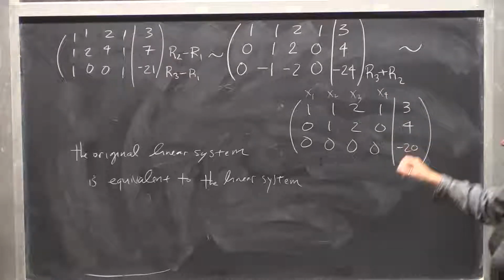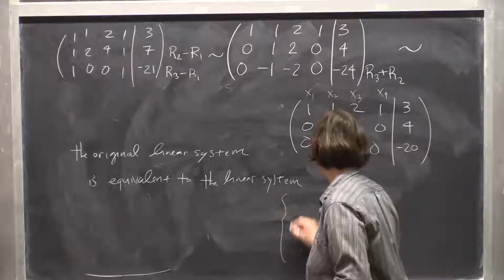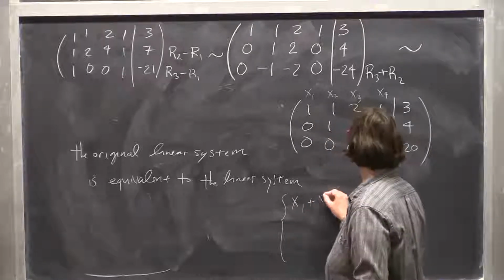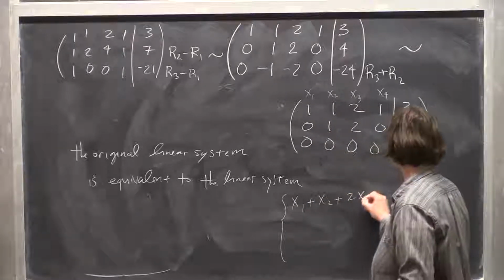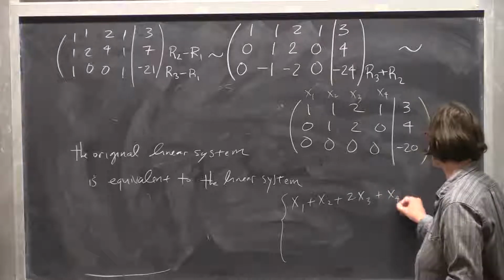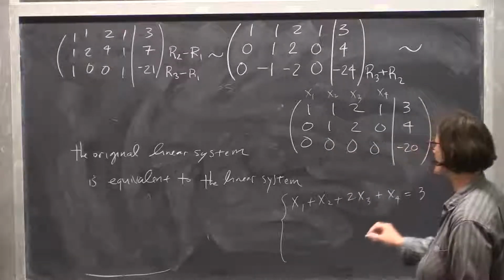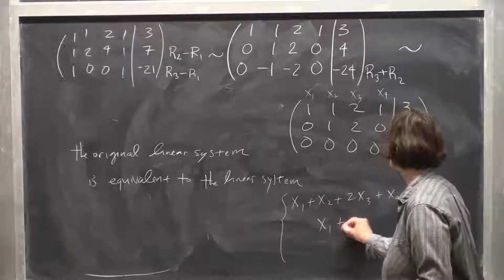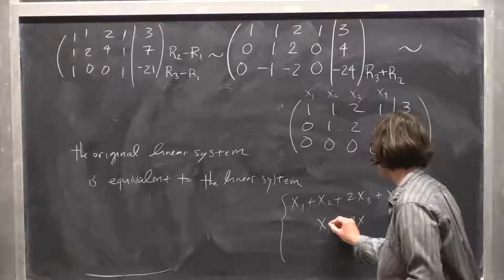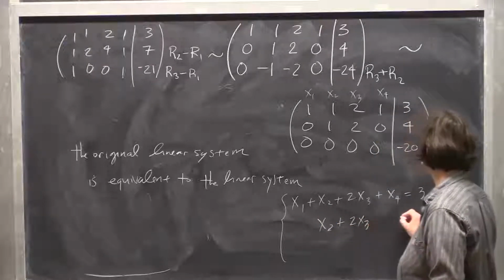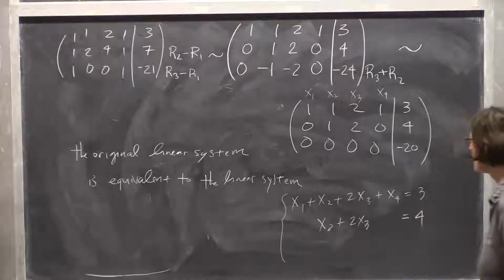So the first equation I get from the first row, I get x1 plus x2 plus 2x3 plus x4 equals 3. From the second row, I get the second equation. x1 plus 2x2 plus 2x3 equals 4.